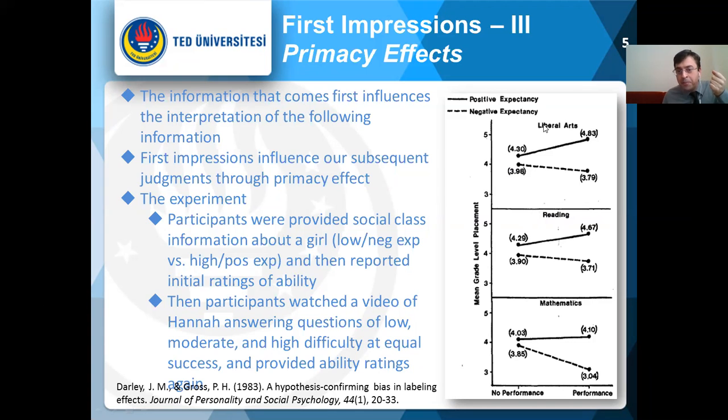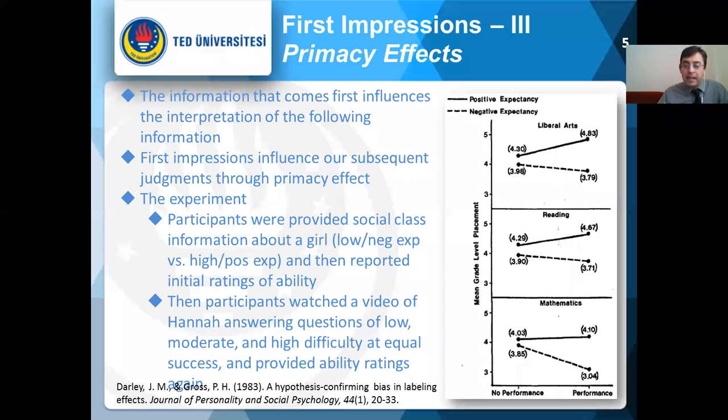As you observe on different graphs to the right of this slide, people who had both positive and negative expectations had similar ratings about Hannah's academic ability, okay? That's good. People are not trying to be judgmental. People are not using their stereotypes to make fast judgments.